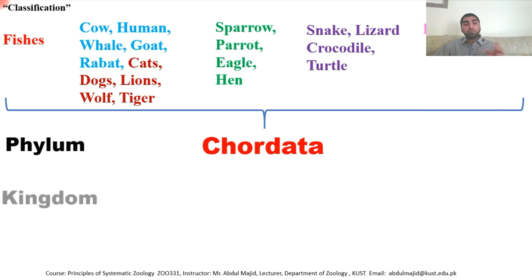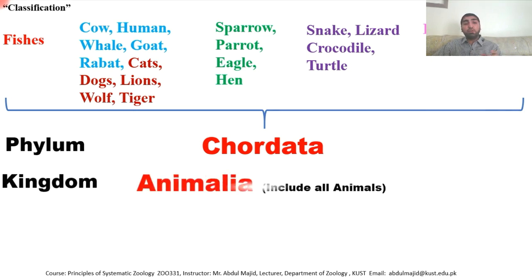And now we will place all animals, the invertebrates, the honeybee, the amoeba, the sponges, the salamanders, the worms, the nematodes, the scorpions, and the starfishes.